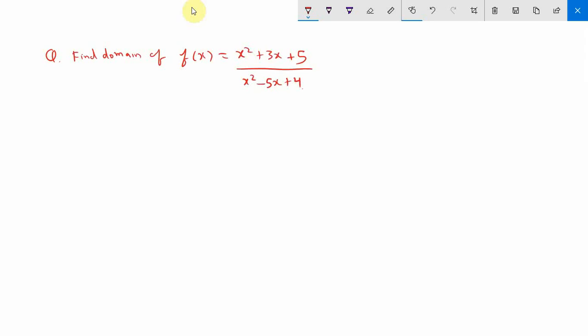We can see f(x) is a rational function, and f(x) assumes real values for all real numbers x except those values of x for which the denominator, x² − 5x + 4, will be 0.